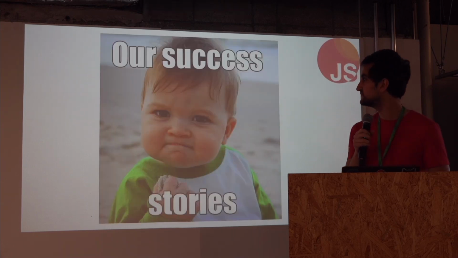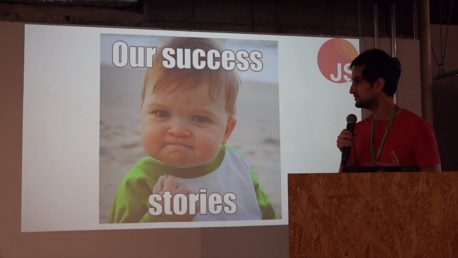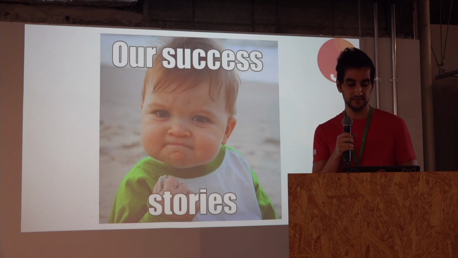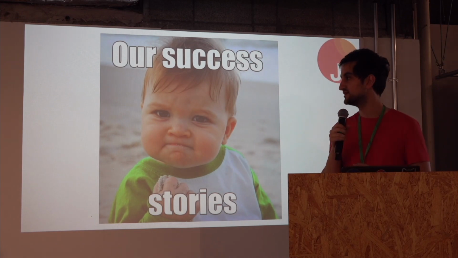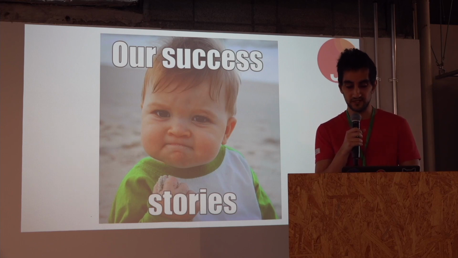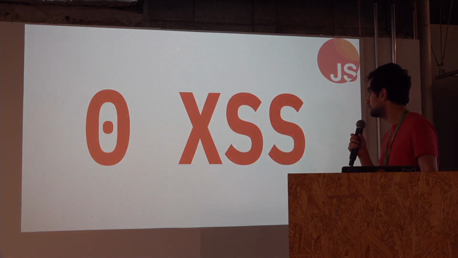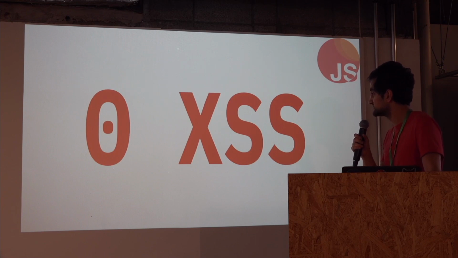So I wanted to come back on a few success stories that we had at Google doing that, because we've been doing that a lot and acquired some experience around this. But the first thing to see is what we're getting out of it. And so the promise, the result that we've observed, is that with trusted types enabled for all our applications, we get to the point where we get rid of DOM XSS.